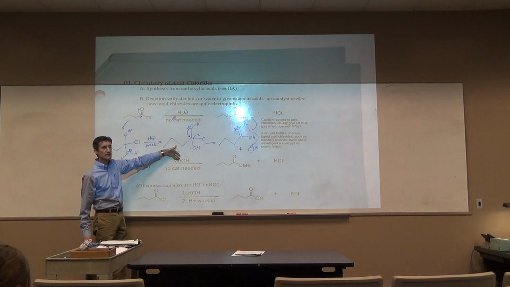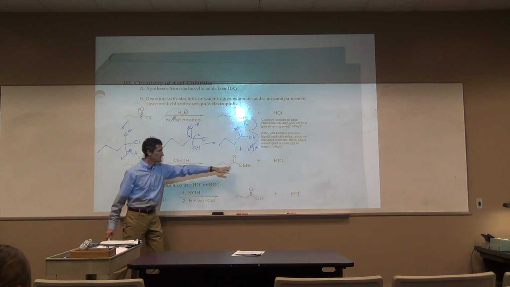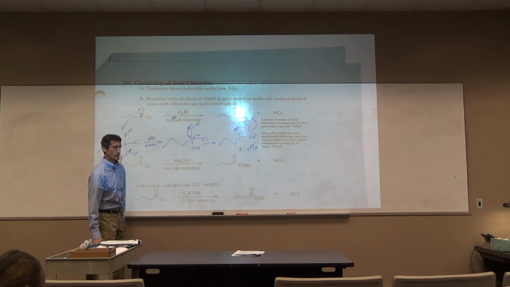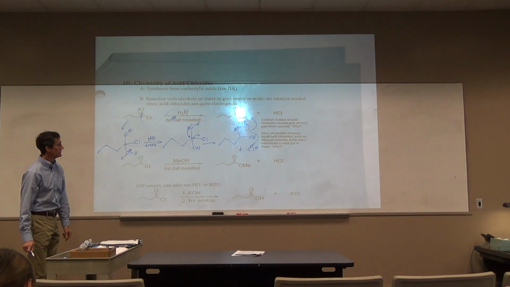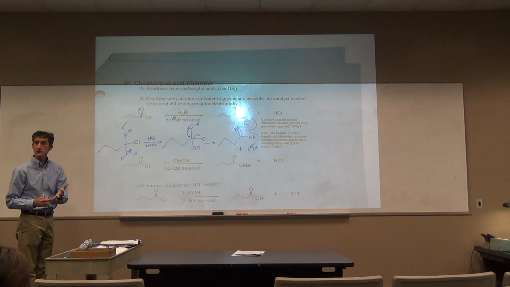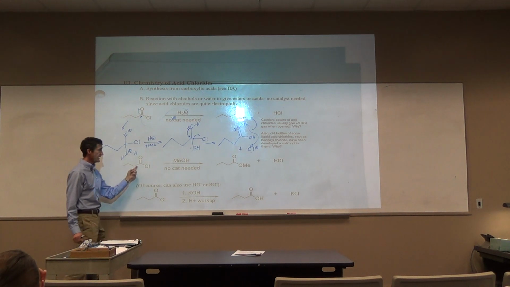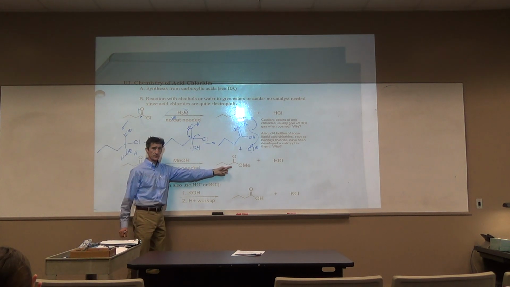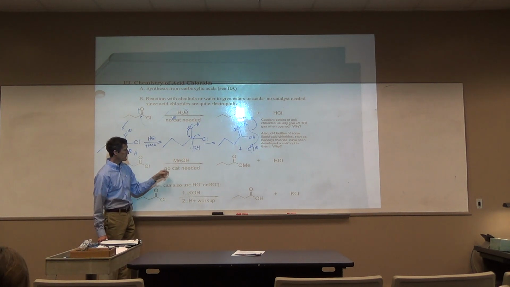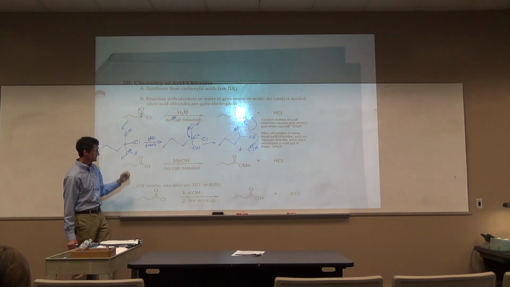But this is a reaction we can do in lab if you want to make an ester. It's actually the second way to make an ester. The first was Fischer esterification from a carboxylic acid. But now we see an acid chloride can be converted to an ester just by reacting with an alcohol. You do not need an acid catalyst again.